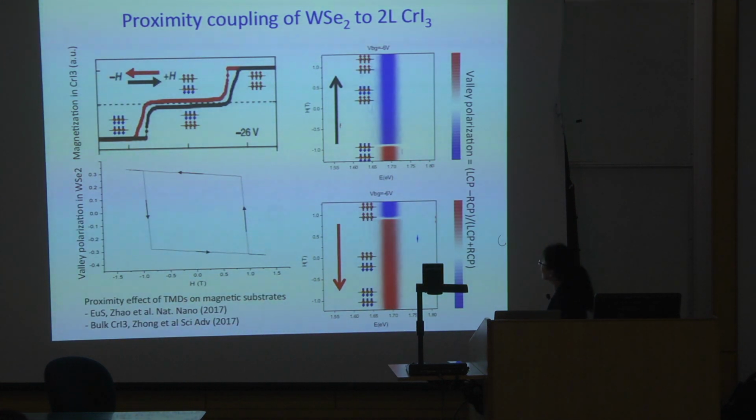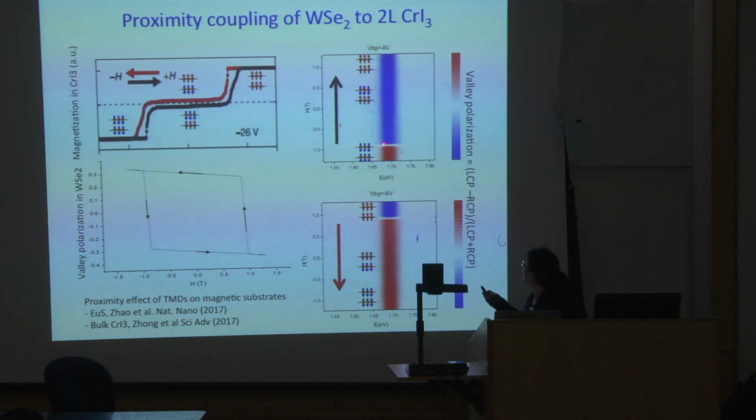So we made such a device, and here is the result. This is something you've already seen, the magnetization of the magnet as a function of magnetic field. When we sweep the magnetic field, we are switching the magnet. And what I'm showing here is the handedness of the photoluminescence from the semiconductor sitting next to it.